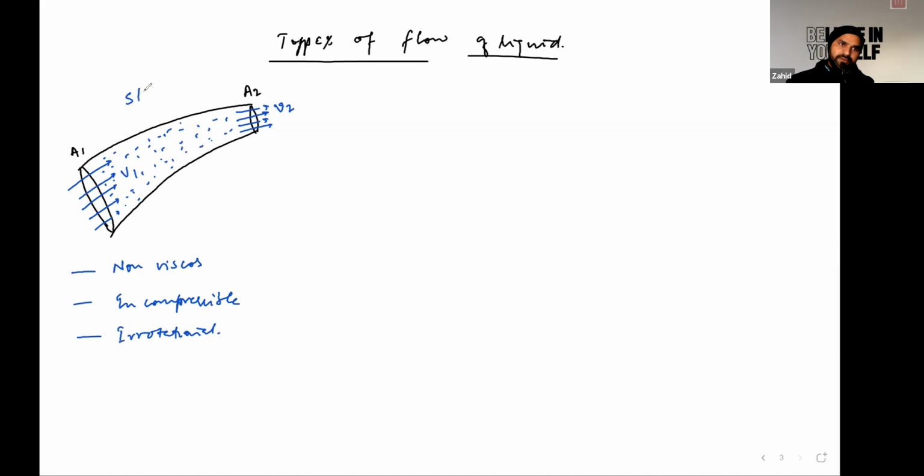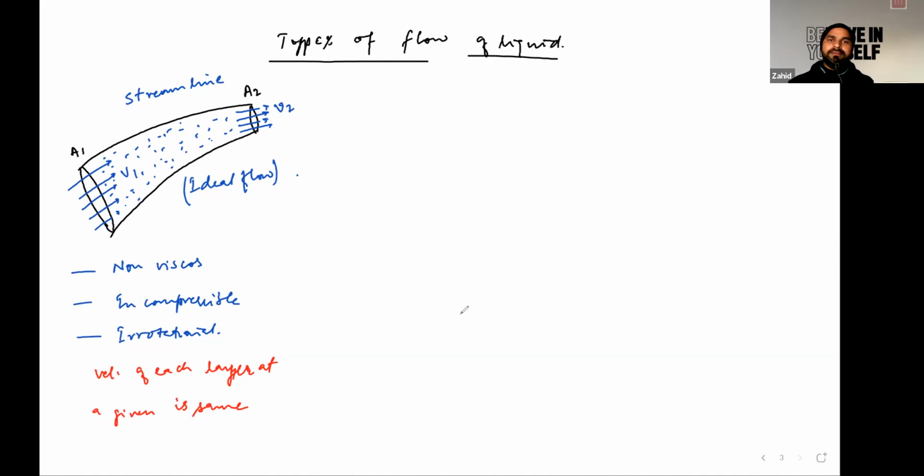So this particular flow of liquid is called streamline flow, and is also called ideal flow, in which velocity of each layer at a given instant is the same. Yusra, is it clear? Yes, sir.